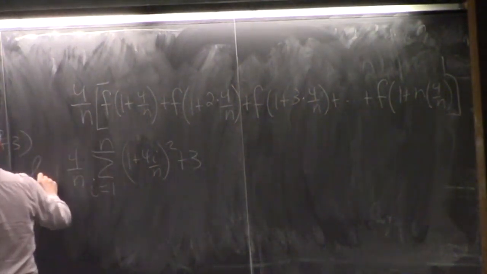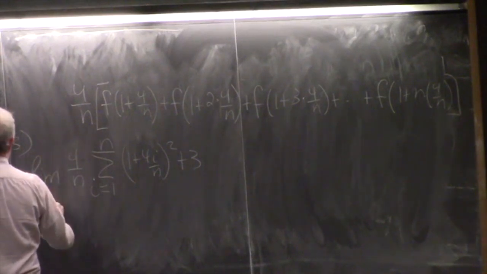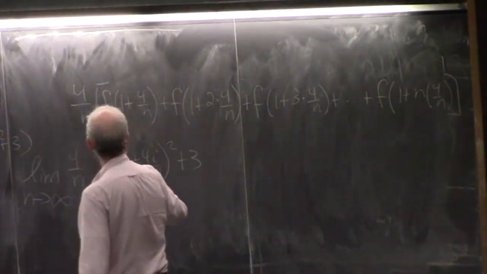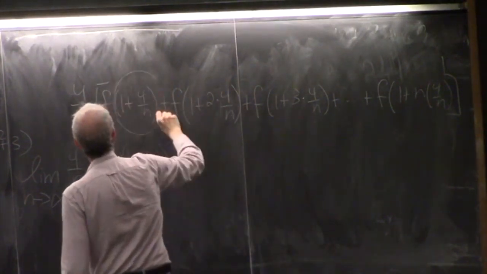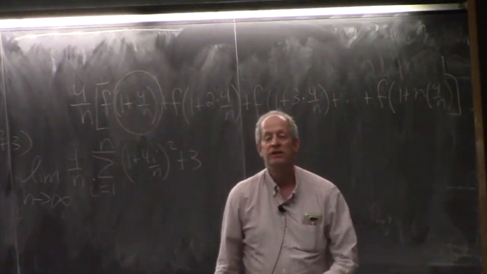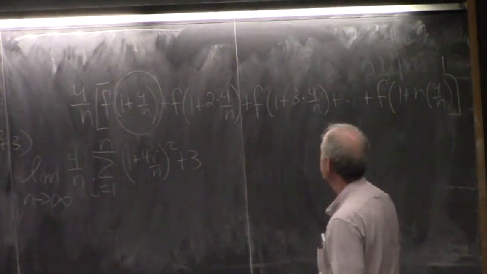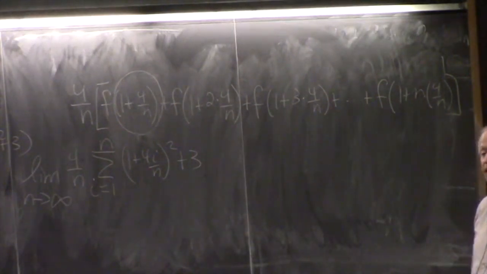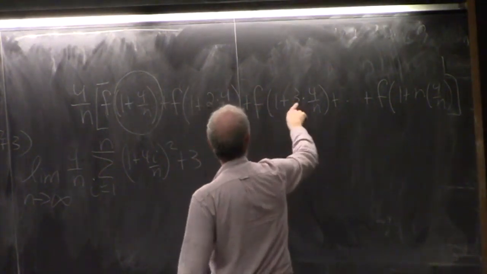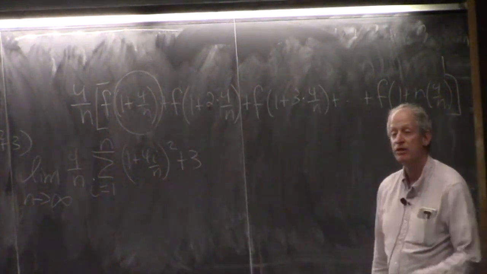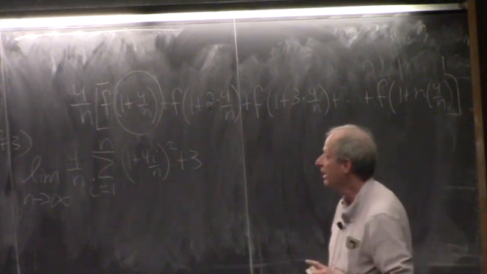And you do the limit as n goes to infinity. So again, this comes from x squared plus 3. You essentially take that first term, insert it into the parentheses, and stick an i in there. Because each time you're taking this 4 over n and multiplying it by a bigger and bigger number, starting at 1, getting up to n.